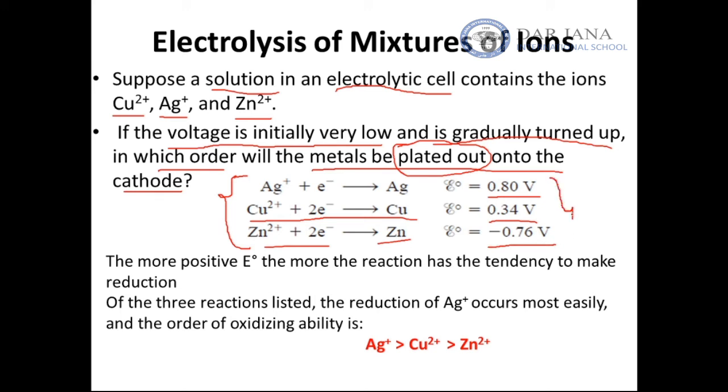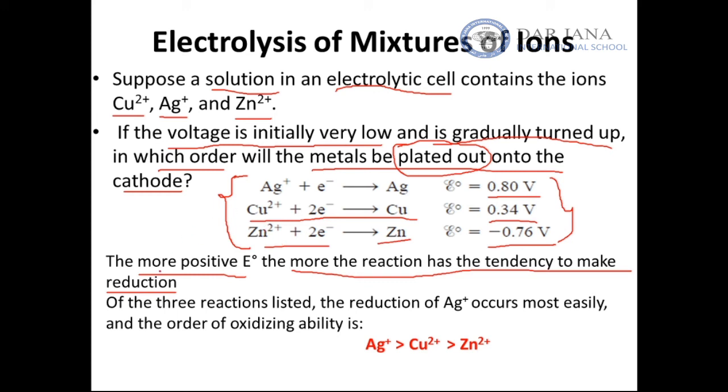From these values here, we can notice that the more positive the E, the more the reaction has the tendency to undergo reduction, since these three are reduction half reactions.